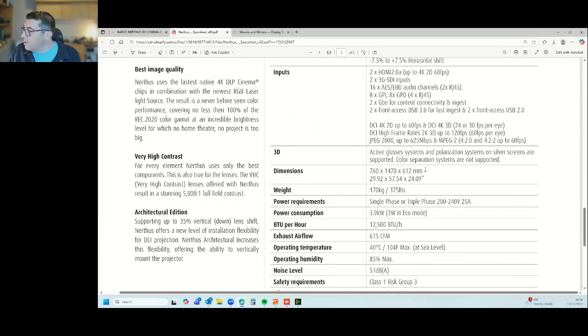So, he's only a little guy. 760 millimeters by 1500 millimeters, almost by 600 millimeters. 170 kilograms. 51 dB, 12,500 BTUs. Are you man enough for a Nerthus? That has to be the question.